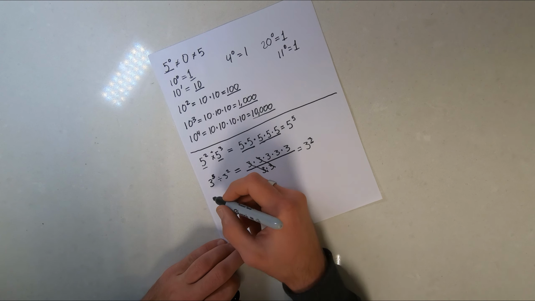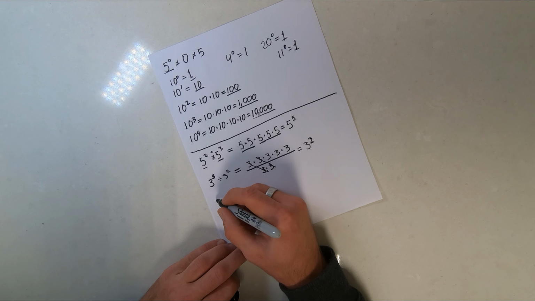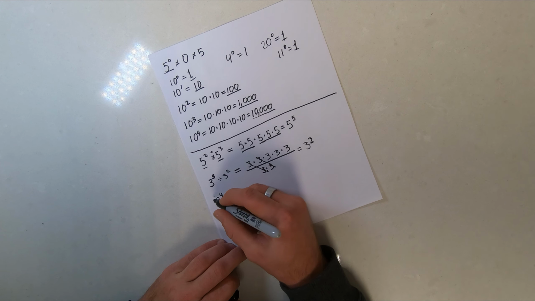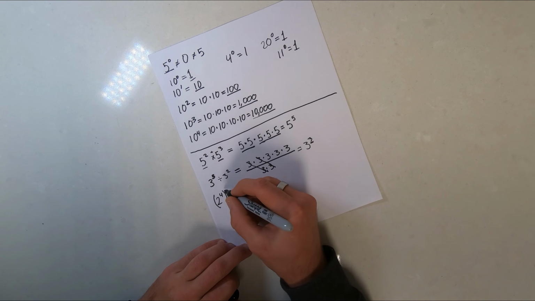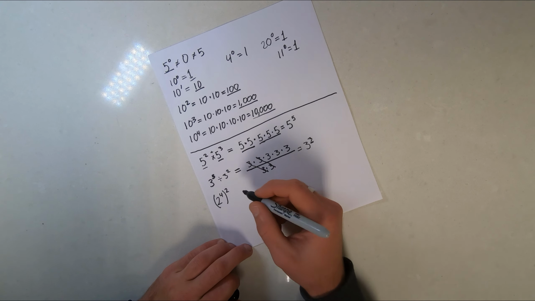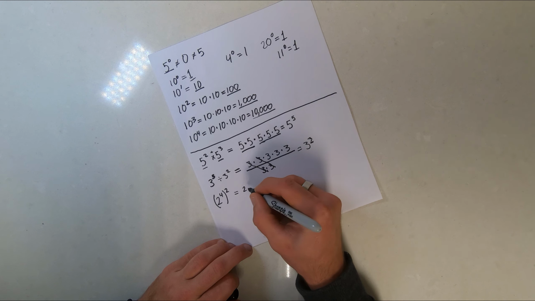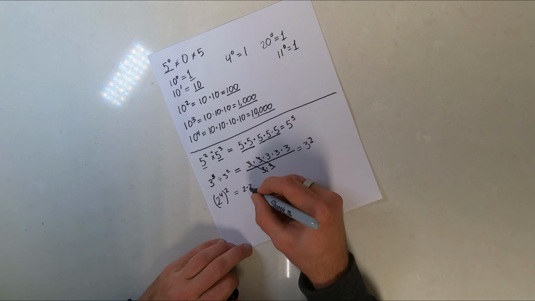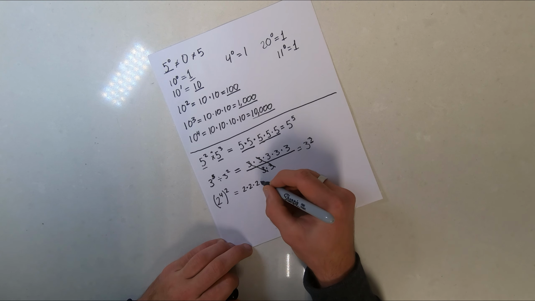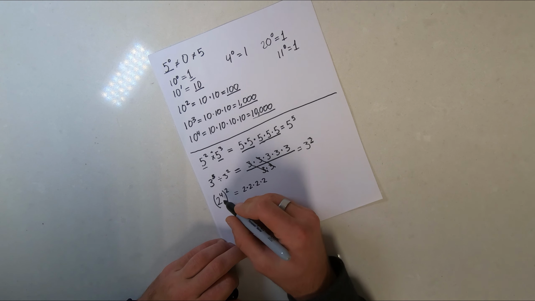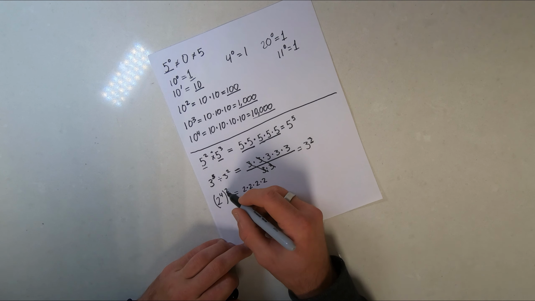Now let's look at what happens when we raise an exponent to an exponent. Say we have 2 to the fourth power, and that is raised to the second power. What this means is 2 multiplied by itself 4 times, and then we also have 2 of those.